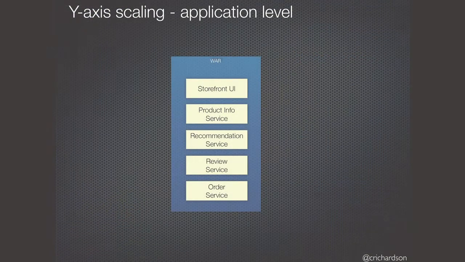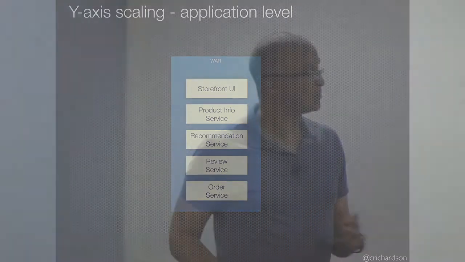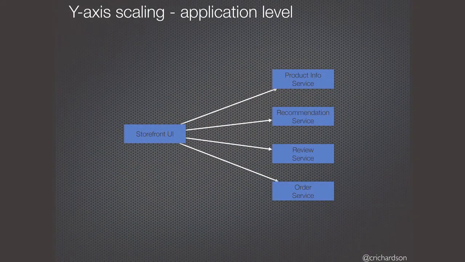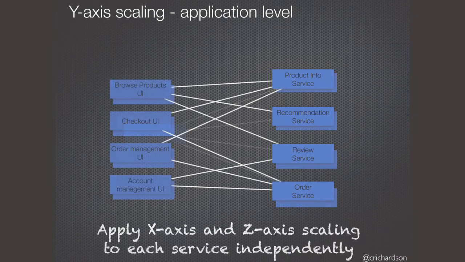So when you apply that to this online store, you go from something like one monolithic WAR file to a whole bunch of services which can be deployed and scaled independently of one another. And you can even functionally decompose the UI as well.